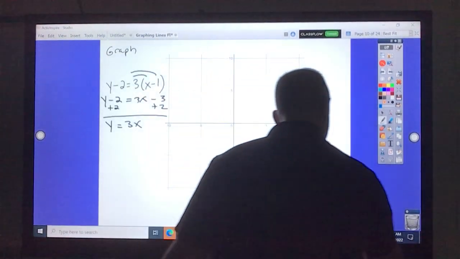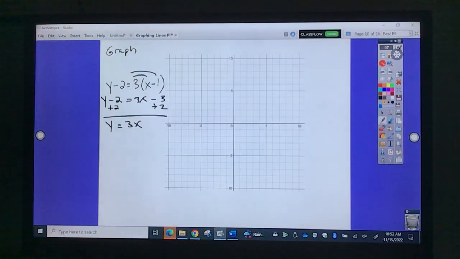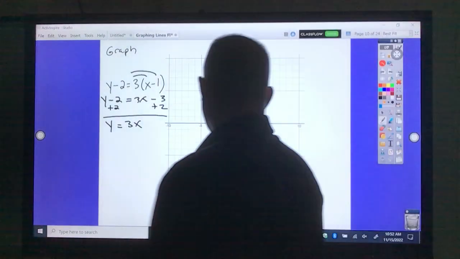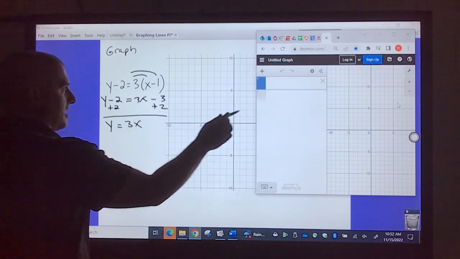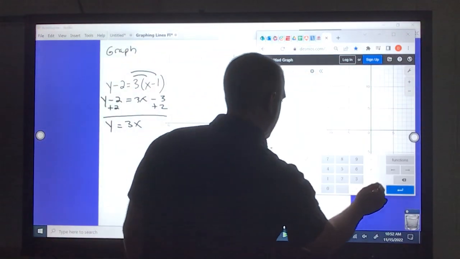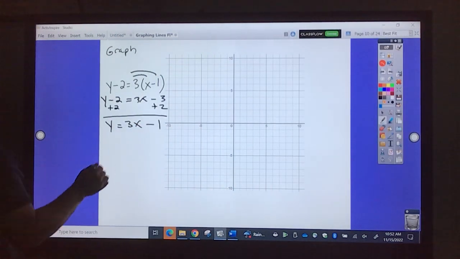Let me freeze this because I got to bring up Desmos. Okay, so I want to do -3 plus 2, which is -1. And now I can graph that.